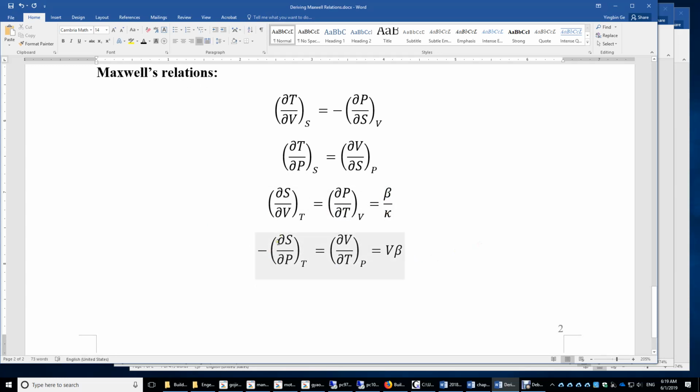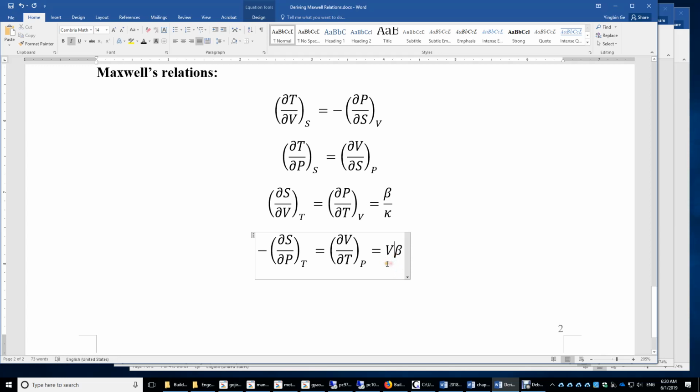The last one tells you how entropy depends on pressure if temperature is constant. And this is delta V over delta T at a constant pressure. And again, beta is simply 1 over V times delta V over delta T at a constant pressure. So this is just the definition of beta. And again, it's very easy to look up the value of beta for liquids and solids.